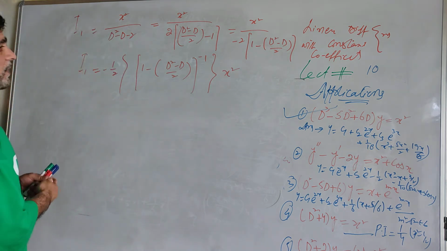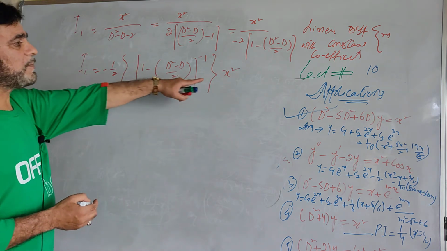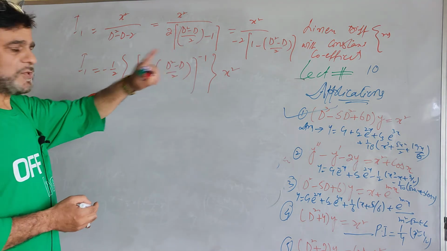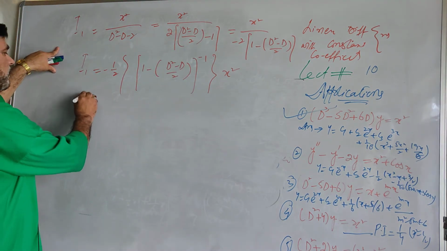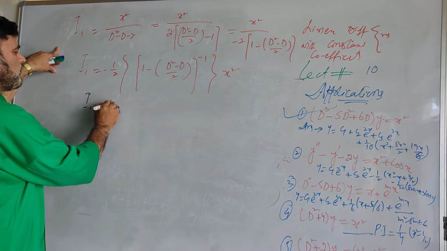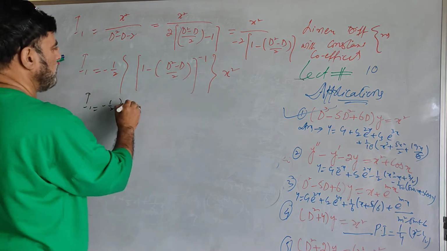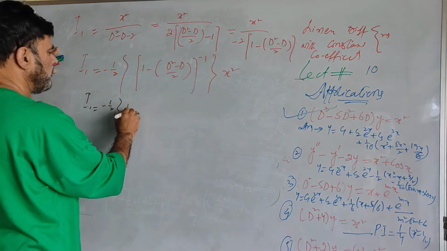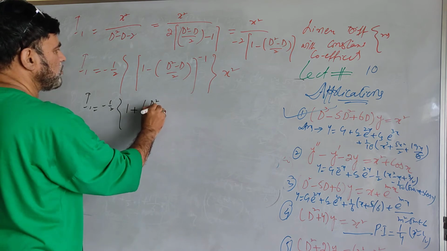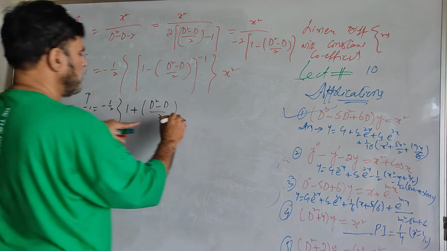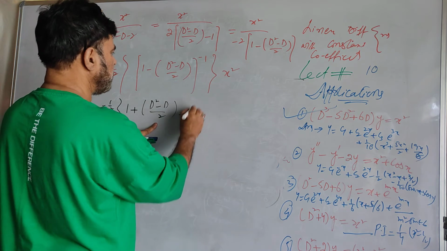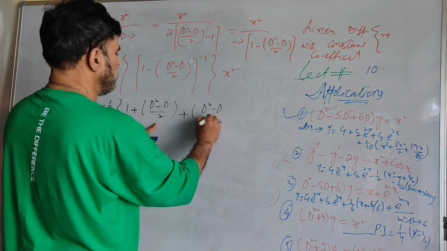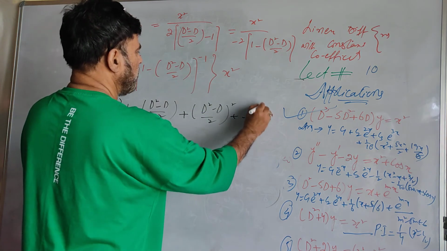Well, using the binomial, I have to expand it up to terms containing d square. It is I1, minus 1 by 2, expand it, negative negative, all are positive, then 1 plus d square minus d plus 2 minus d by 2, then plus d square minus d by 2 whole square, plus so on. I will stop here.